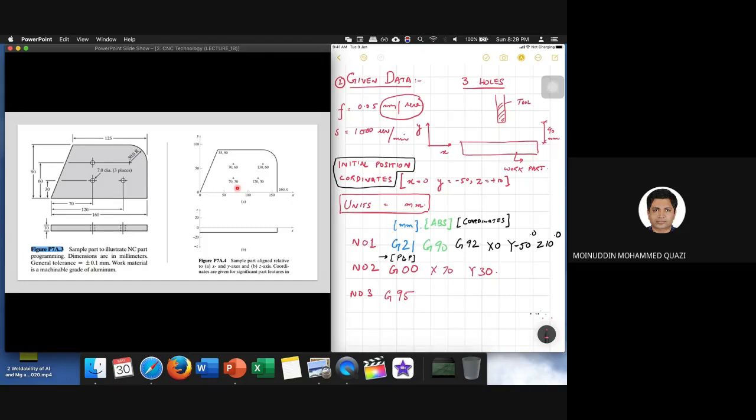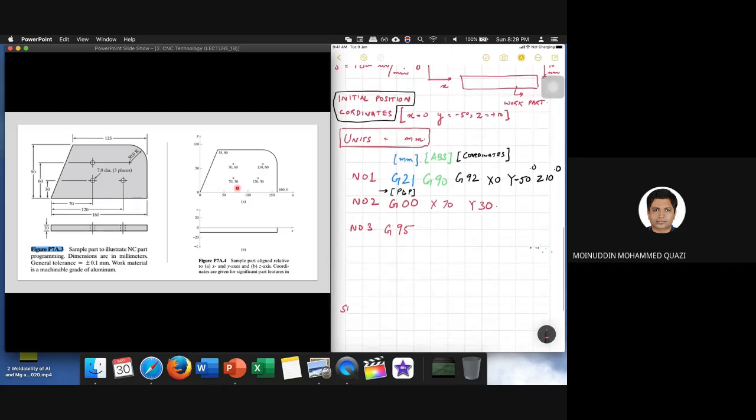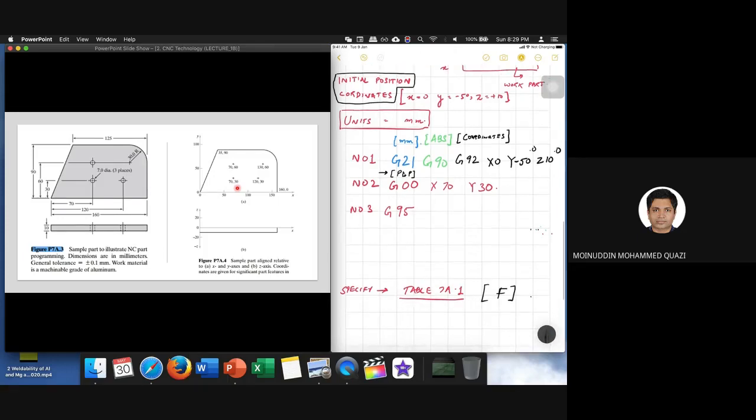How to specify feed? Go to table 7A.1 in the book chapter or in the slides, and you can see that for specifying feed we have the word F, and then in front of F we need to write the feed rate.